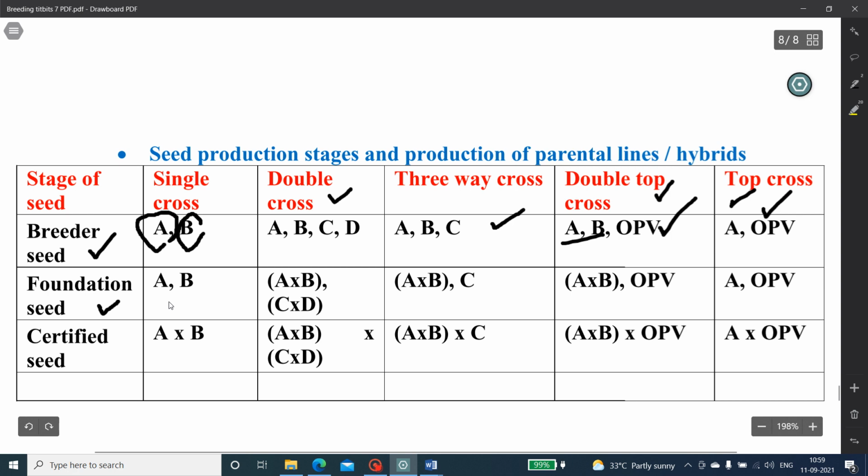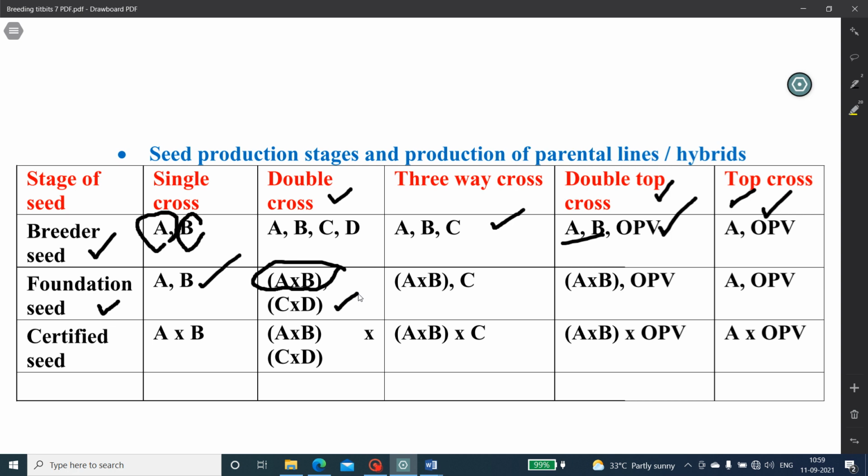That breeder seed will be given for the production of foundation seed. Here also the A and B in separate blocks, keeping isolation, you have to raise. Here in double cross, one single cross hybrid and another single cross hybrid are raised separately, and while doing that we have to detassel the female parent like A as well as B. And in three-way cross, A and B and C have to be multiplied in larger quantities.